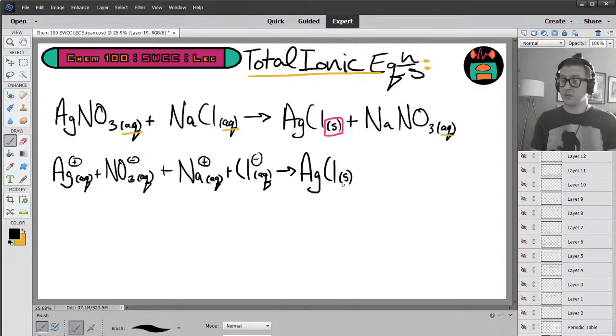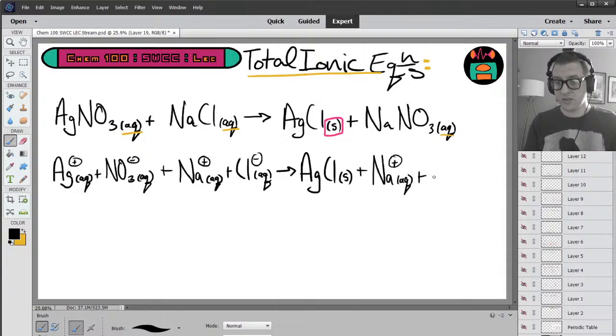They're not part of the solution. They're a precipitate. They're just hanging out. They're insoluble. They're together. Right? So silver chloride remains associated. Sodium nitrate, on the other hand, is aqueous, so it's water soluble, so it's separated out.